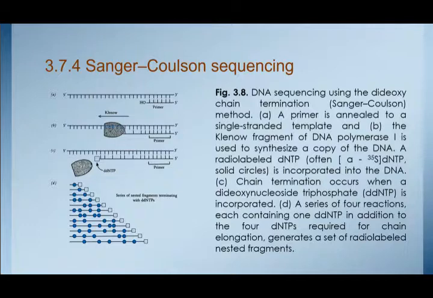The concentration of the dideoxy form is such that it will be incorporated into the growing DNA chain infrequently. Each reaction therefore produces a series of fragments terminating at the specific nucleotide, and the four reactions together provide a set of nested fragments.